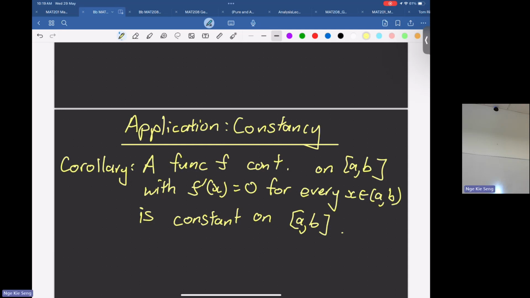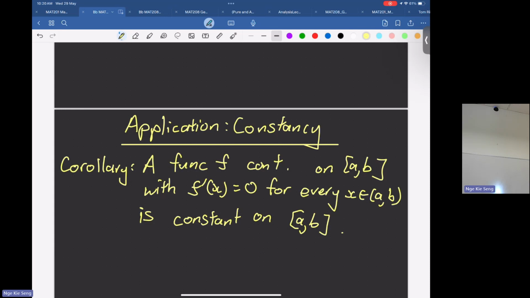At each point in the middle, the first derivative is 0. What does it mean? What's the gradient? What's the tangent line at each point? It is the horizontal line. Then your function is really just constant, a horizontal line.